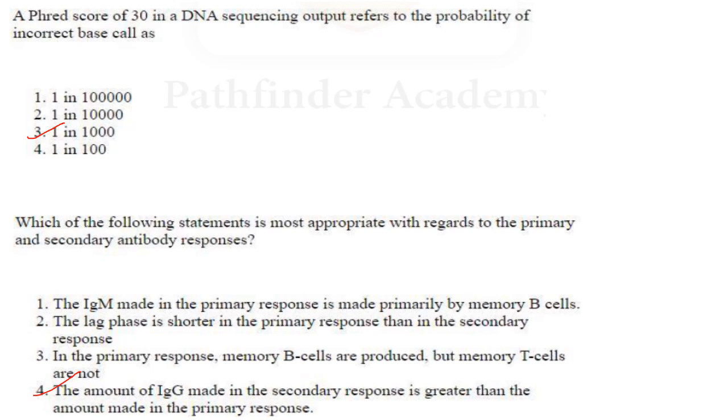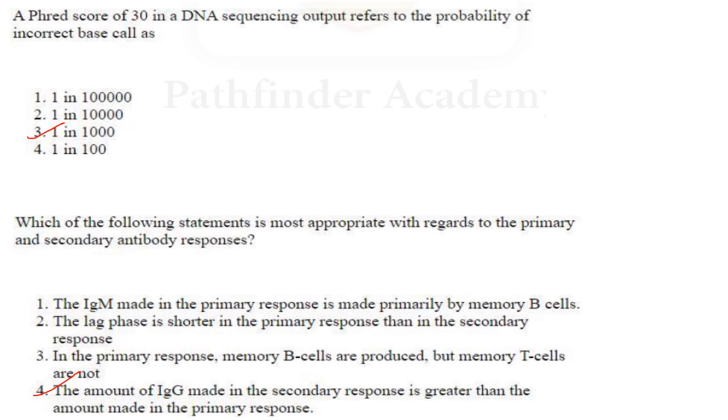So if it is 30, it will be 1 by 1000. If the Phred score is 20, it will be 1 by 100. Now 1 by 1000 means the base call accuracy, that is the probability of a correct base call, is 99.9%. So the answer here is 1 in 1000.